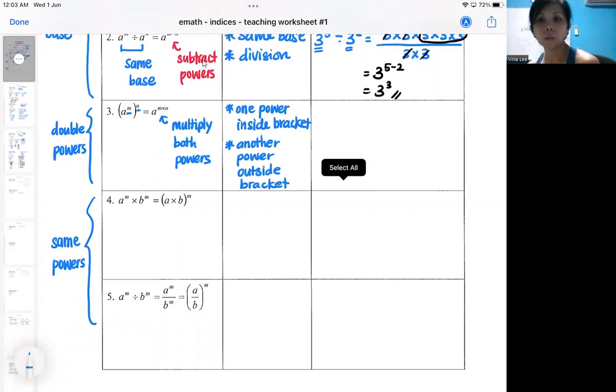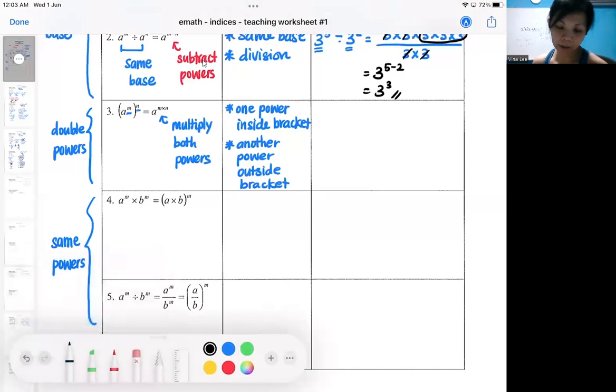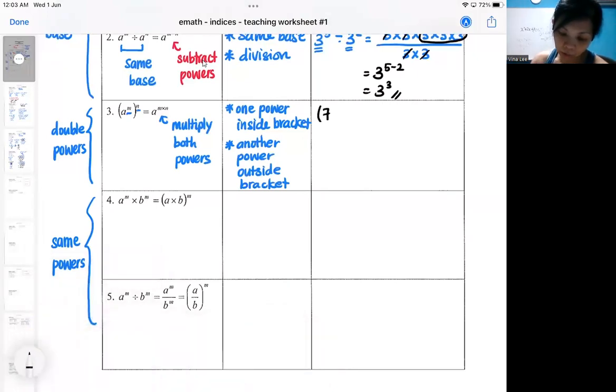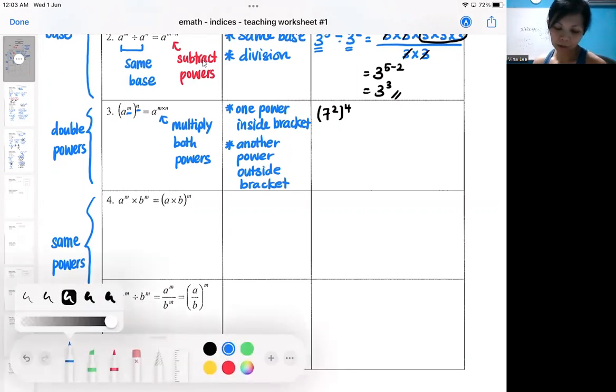So how does that work numerically? I give you a numerical example. It will be something like 7 squared with a 4. If you still remember, the power indicates how many times the base is being multiplied.